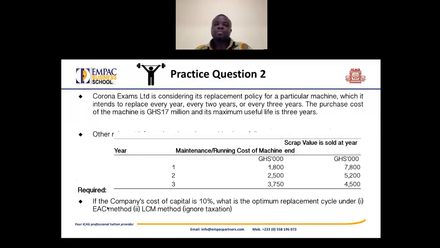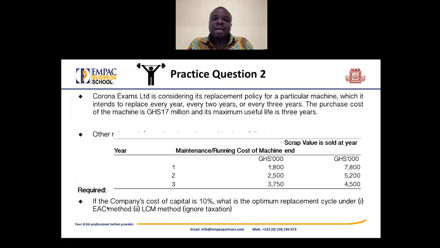All right. So let's quickly consider this question, and then we would see what we can do after this. Corona Exams Limited is considering its replacement policy for a particular machine, which it intends to replace every year, every 2 years, or every 3 years.